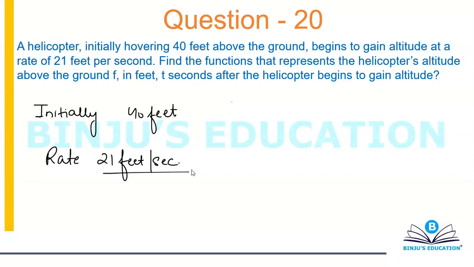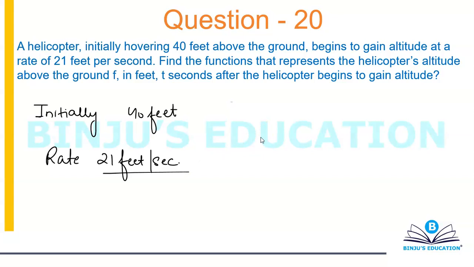Find the function that represents the helicopter's altitude above the ground f in feet t seconds after the helicopter begins to gain altitude. Now it started with 40, and every second it's gaining 21 feet.